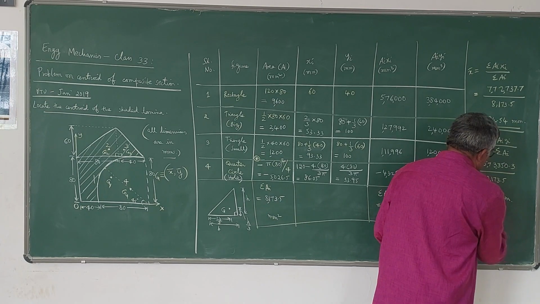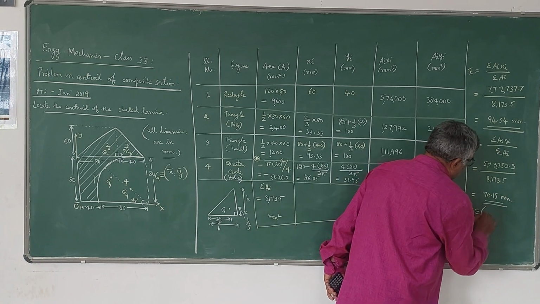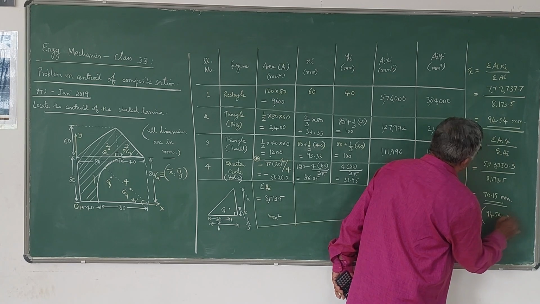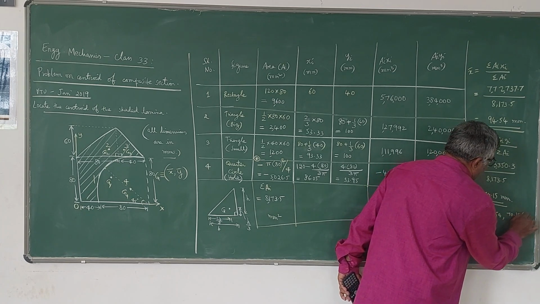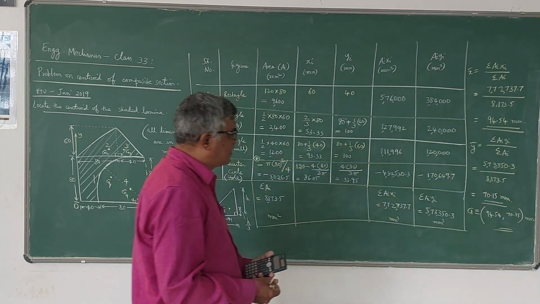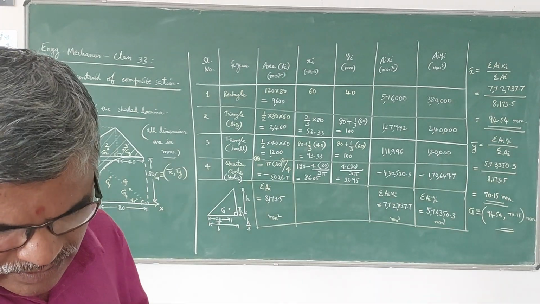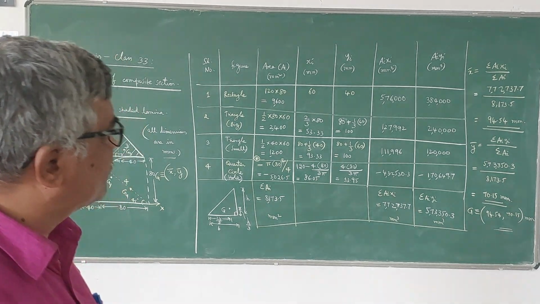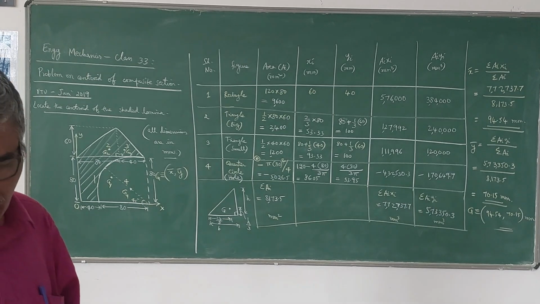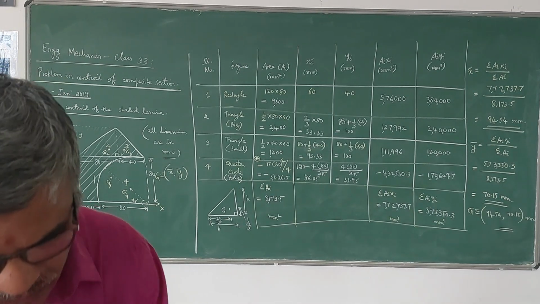That means the coordinates of the centroid is 94.54, 70.15 millimeters. The centroid lies at a distance of 94.54 mm from y-axis and 70.15 from x-axis.